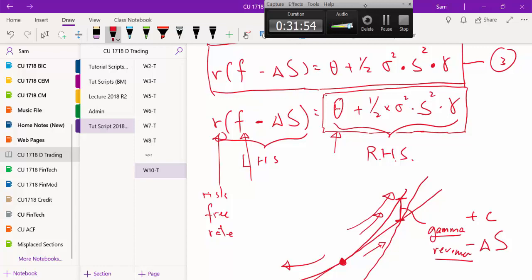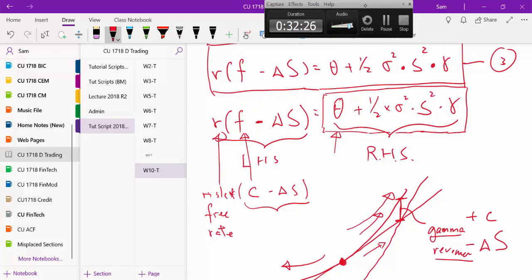Let's just say a call option. So you're long a call and you are short some stocks. So this thing in brackets is actually the cost of your portfolio. If you multiply that by the risk-free rate, it is actually the funding cost, or the risk-free return you are going to earn on that delta neutral portfolio.